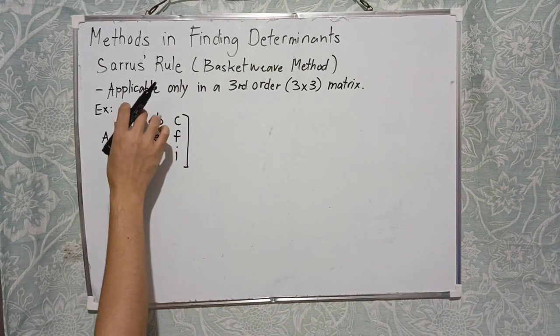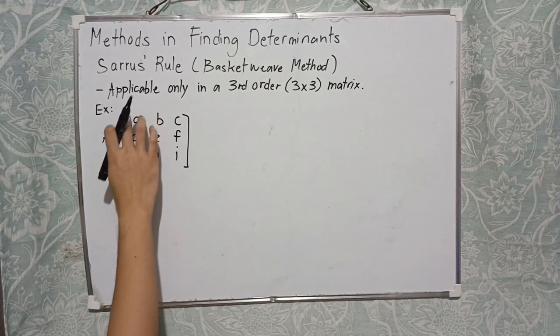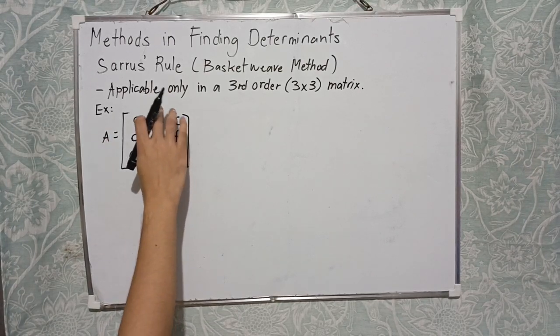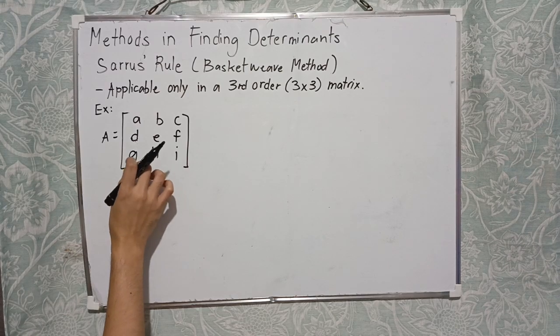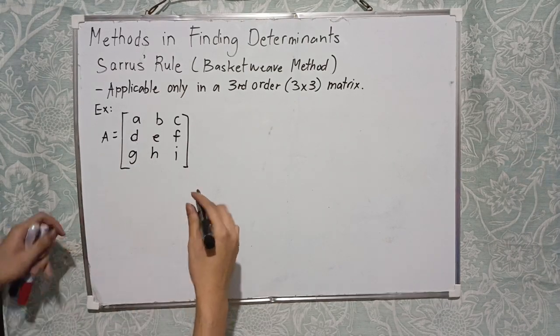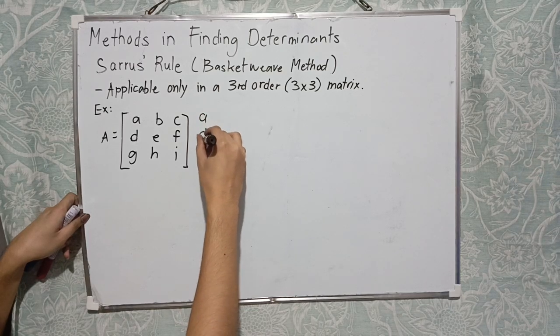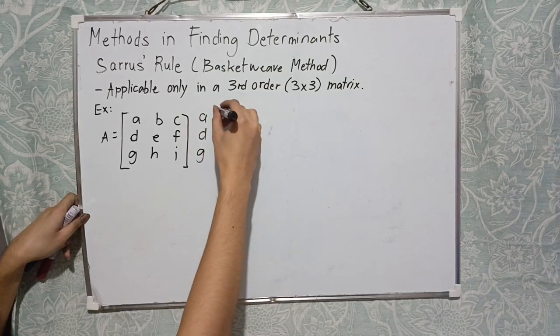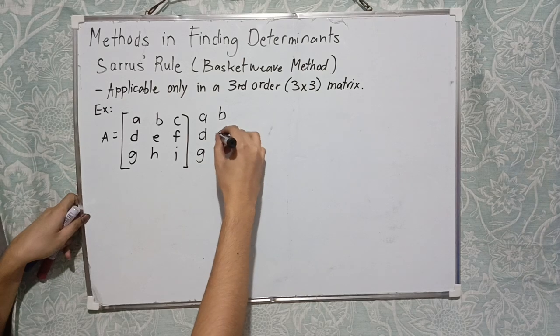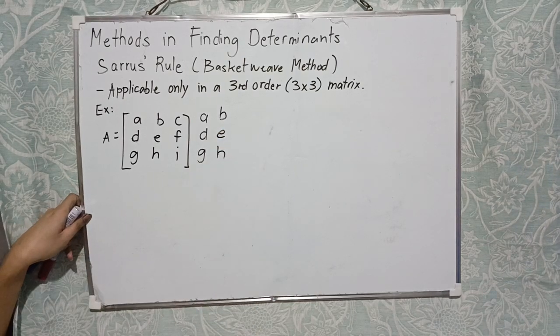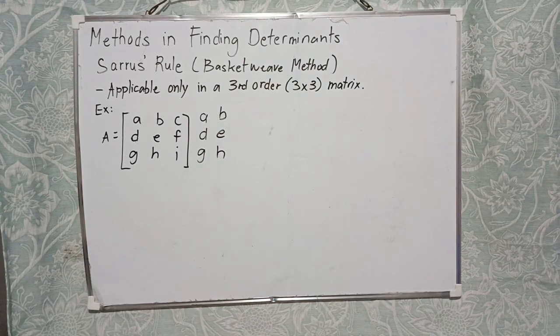This is our first column, and this is our second column. So we need to copy these columns. We have A, D, G, B, E, and H. So that's the first step.